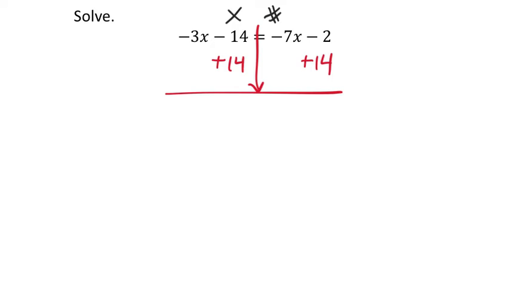Now on the right side, you'll see that I put this beneath the negative 2. I would not want to put it beneath the negative 7x, because I'm not combining it with the negative 7x. The negative 7x is an x term. 14 is a constant. I need to combine that with another constant on the right side. So here's what happens: my negative 3x, I take it and I drop it. Just as usual, I have the negative 14 plus 14, which zeroes out.